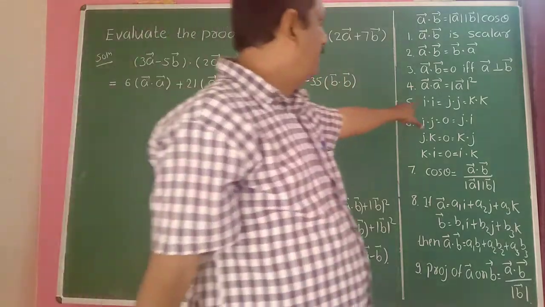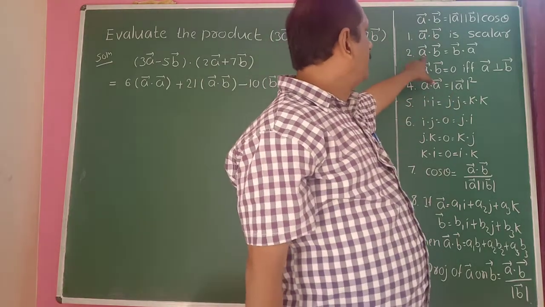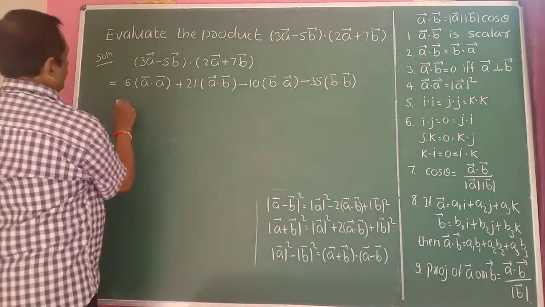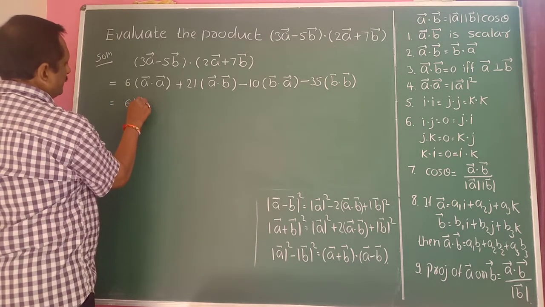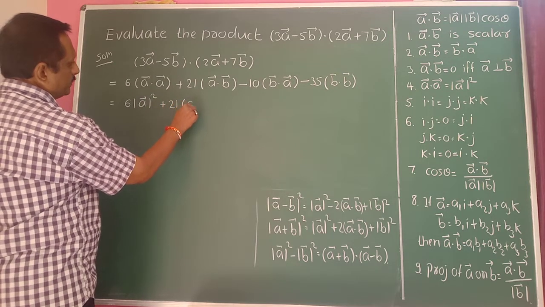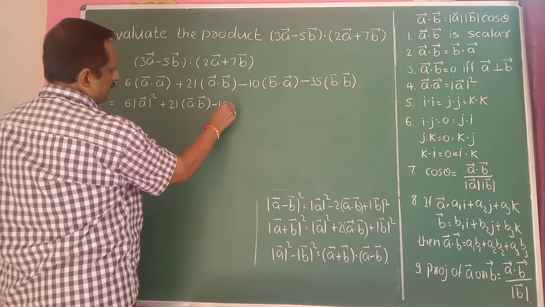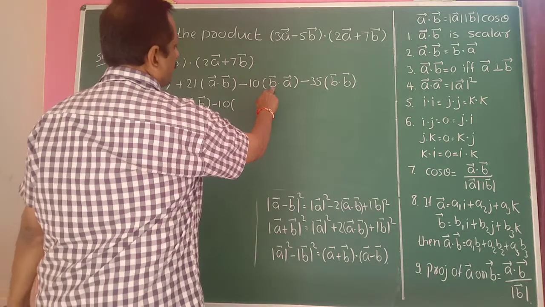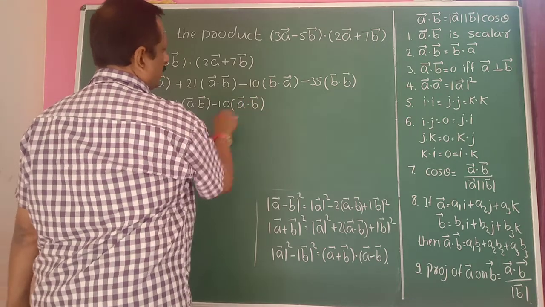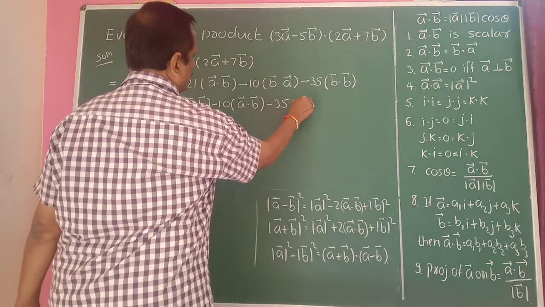Then you know A bar dot A bar is modulus of A bar square, and A bar dot B bar is equal to B bar dot A bar, the commutative property is satisfied. So 6 into modulus of A bar square plus 21 into A bar dot B bar minus 10 times B bar dot A bar, which is the same as A bar dot B bar, minus 35 into B bar dot B bar, which is modulus of B bar square.